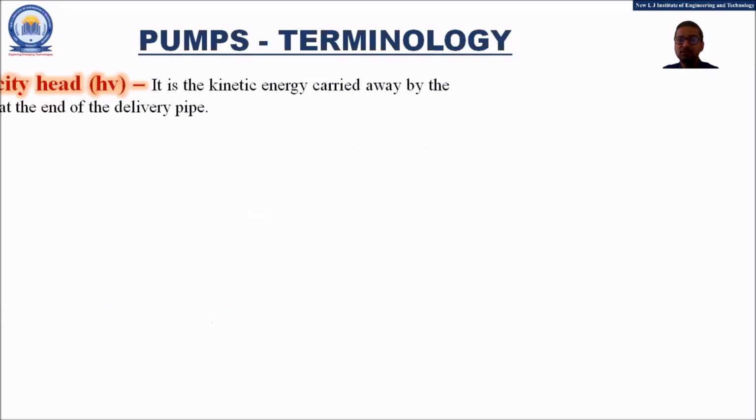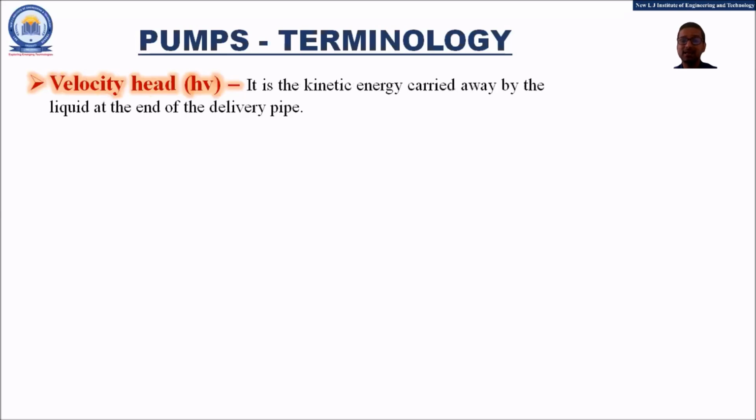Let us proceed further and understand the next type of terminology, that is the velocity head. It is denoted as HV. And friends, if you have observed practically, whenever the water is coming at the outlet of the delivery pipe, the water is coming with higher pressure.